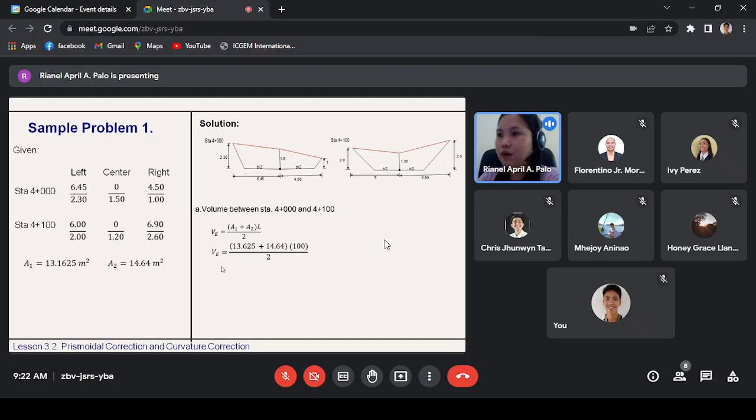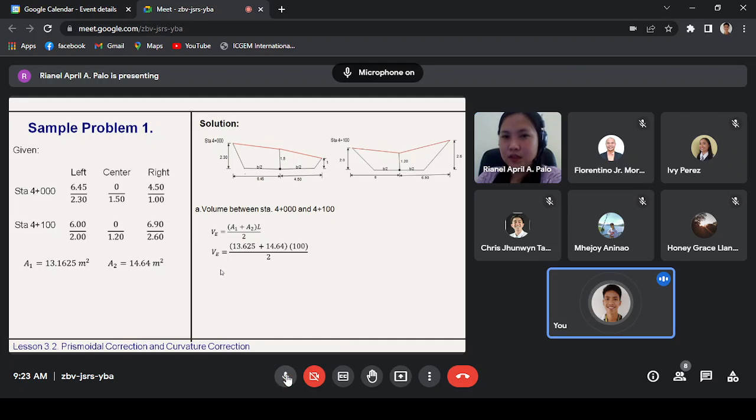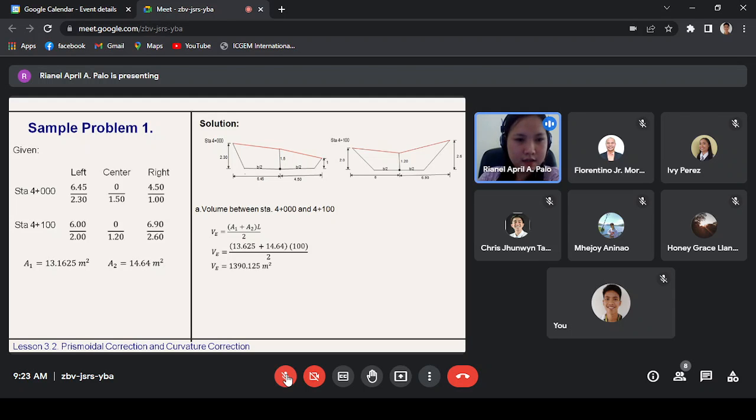So the volume using end area equals, can we compute it? $1390.125, ma'am. Okay, correct. 1,390.125 cubic meters.